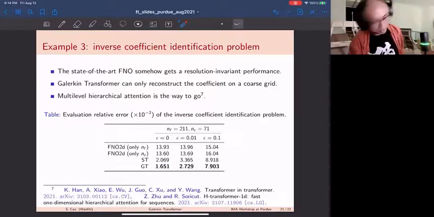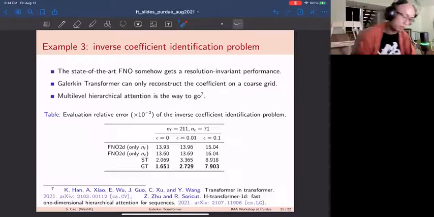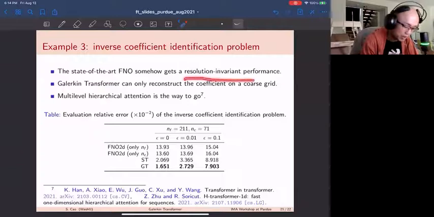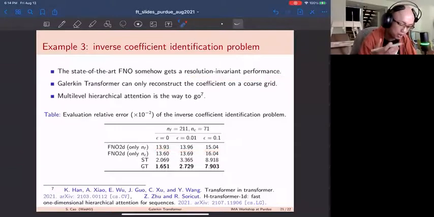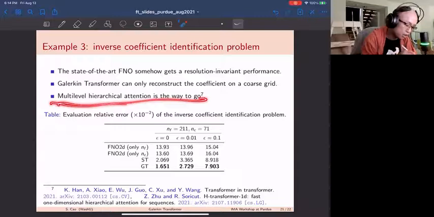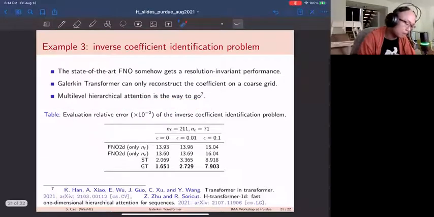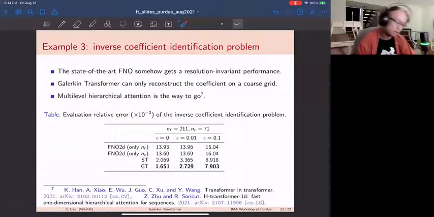Again, the Galerkin transformer achieved the best performance, but we can also see that, curiously, the Fourier neural operator actually achieved resolution invariant performance, even though it's worse than our model. But it's worth noting, because the spectral convolution in the frequency domain has some merit. Recently, the community has started to exploit multi-level hierarchical attention, which is our next goal.